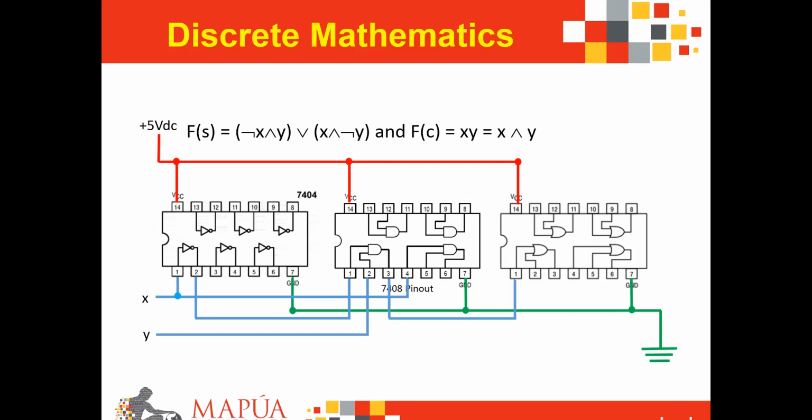And then X again is connected to pin 4 of your 7408, while your Y is connected to pin 3 of your 7404 NOT gate, and its output is seen on pin 4, connected to pin 5 of your 7408. The output of your second AND gate is connected to pin 2 of the OR gate 7432, and the output of which is the sum is seen on pin 3 of your 7432.